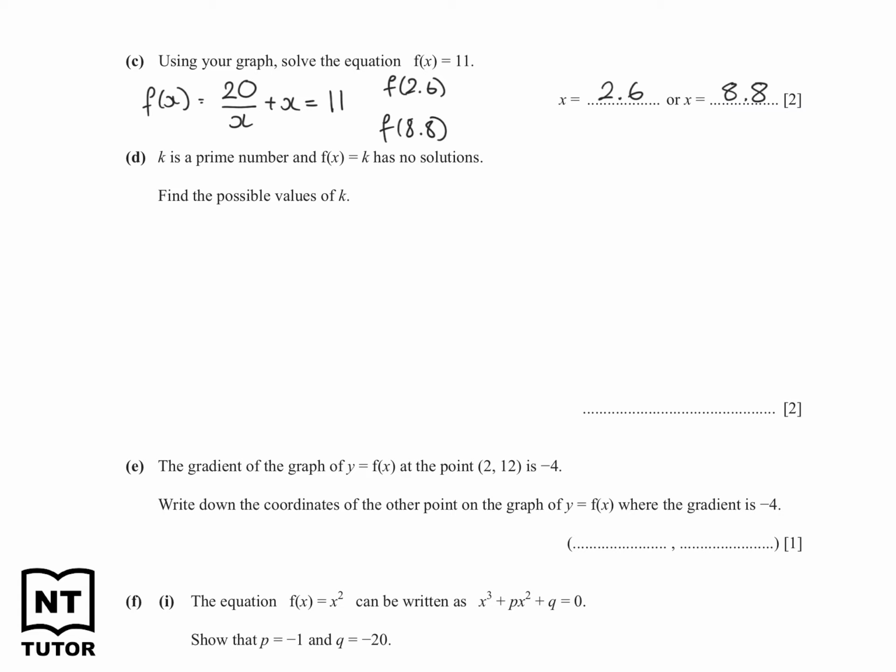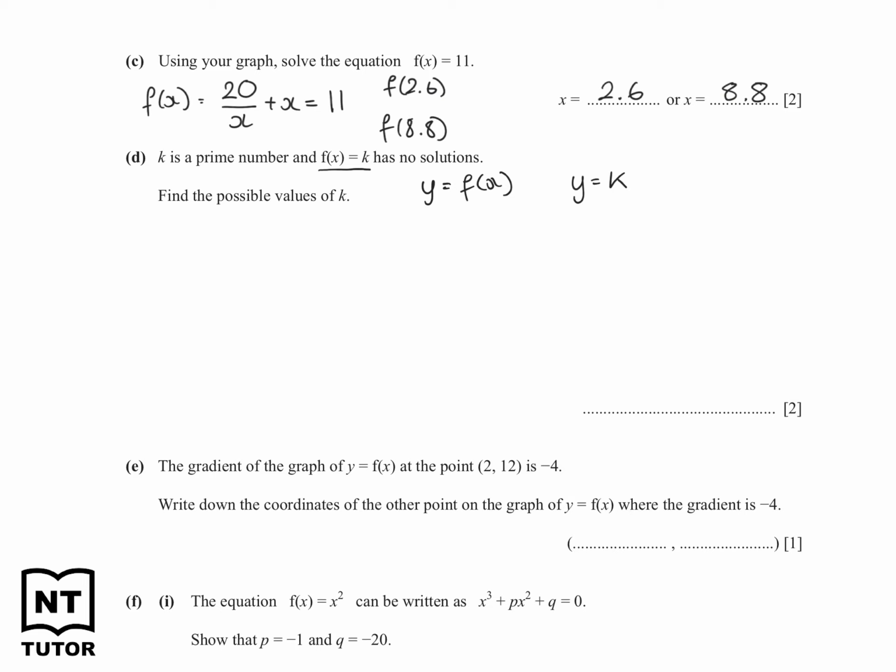D. k is a prime number and f(x) equals k has no solutions. Find the possible values of k. Finding the solutions to f(x) equals k is similar to part C. When we want to find these solutions, we're looking for the intersection between the line y equals f(x), which we already drew, and the line y equals k, where k is a prime number.